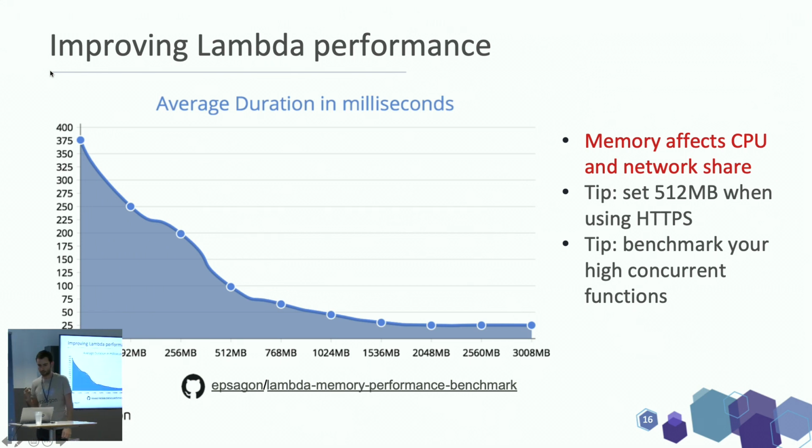And just as a quick tip, or even before the tip, look at another benchmark that we've made, especially one for Python doing some heavy calculation. When we're running on 128 megabytes, it's almost 400 milliseconds on average. But when we're multiplying by 4, we're getting a 4 times faster function. It means that we're paying the same price, but our function runs 4 times faster. It creates fewer bottlenecks, and it means that all of our flow is running smoother.